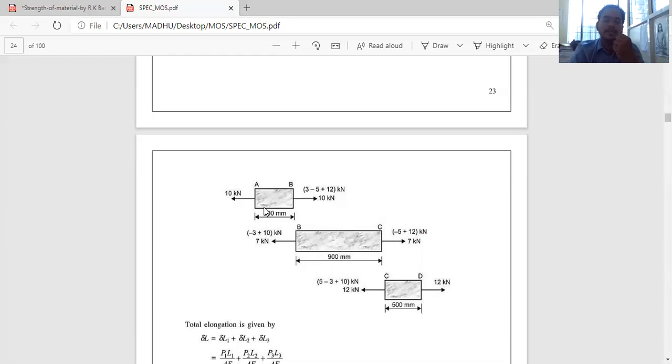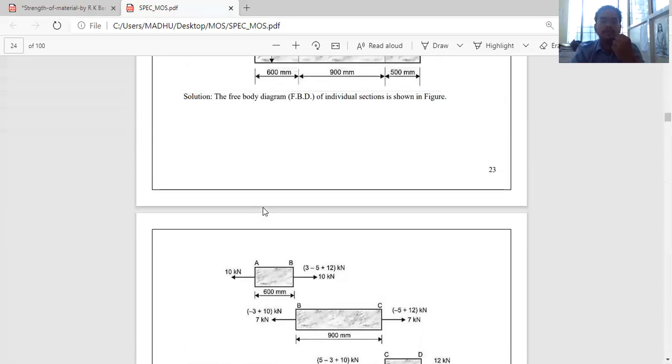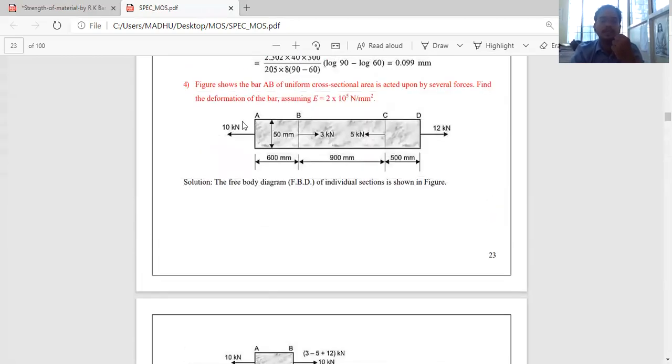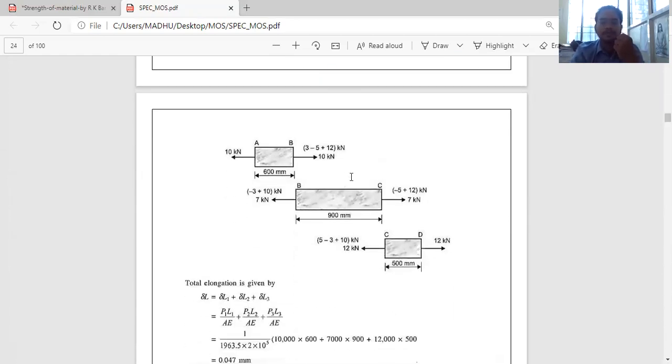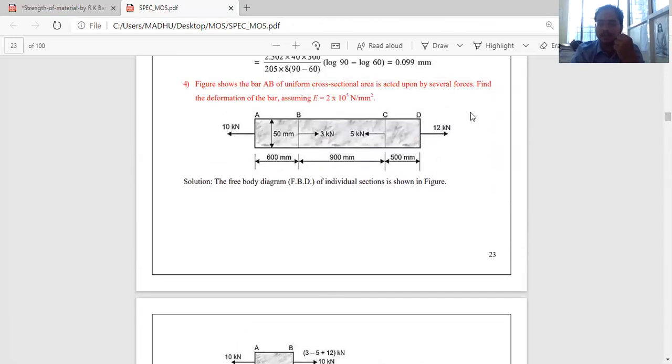Next at B. At B, 3 is to the right, but 10 is to the left. So out of these two, 7 is acting here. And here at C, 12 is to the right, 5 is to the left, 7 is acting here. So 7 kilonewtons, tensile, because 12 minus 5 is 7, in the direction acting away from the member cross sectional area.